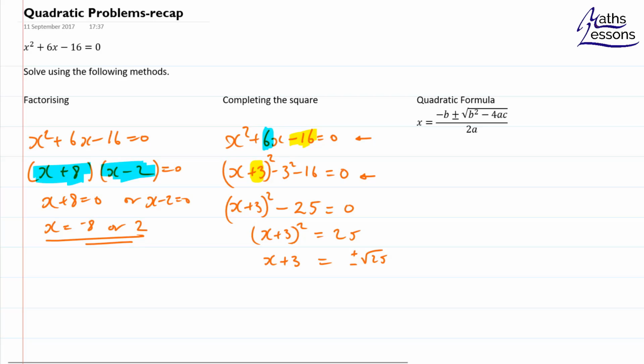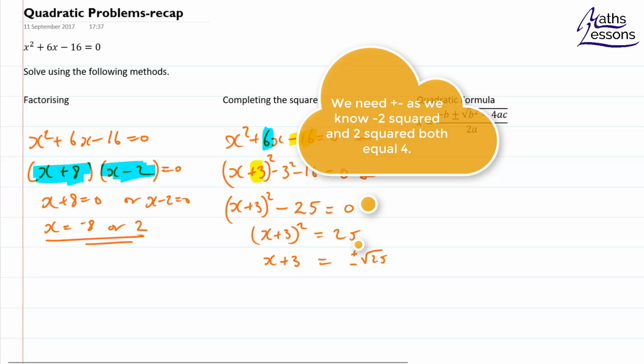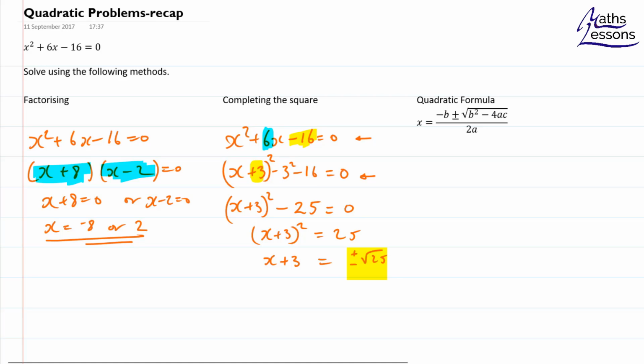So, for example, 2 squared is 4, minus 2 squared is 4. So if something squared equals 4, it must be plus or minus 2. So we always put plus or minus at this stage when we're undoing this. Again, more detail for that in the completing the square lesson.